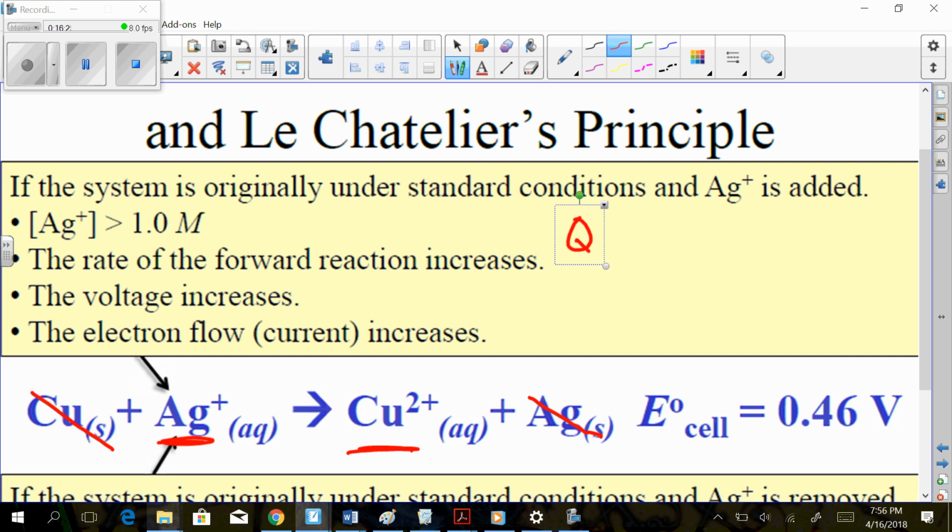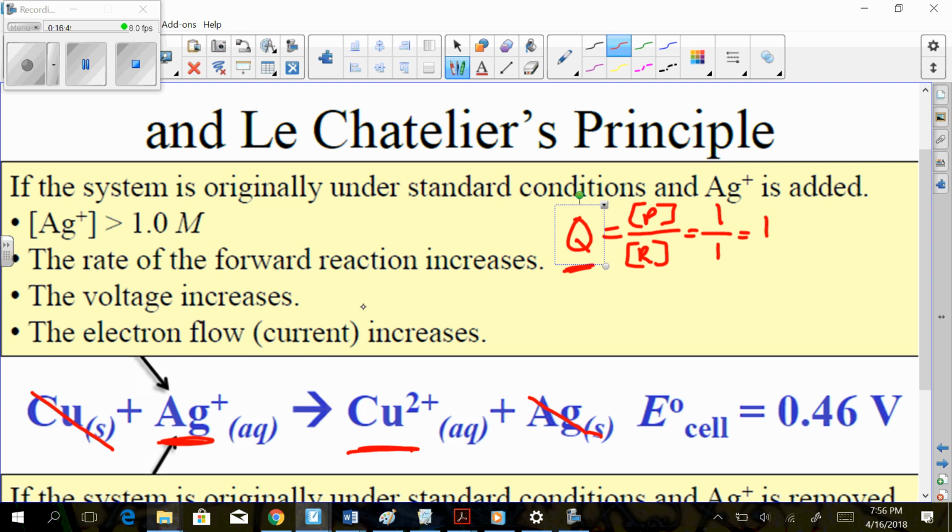And so if we look at the Q for a standard cell, it is going to be the concentration of the products over the concentration of the reactants. And if it's standard, that's going to be 1 over 1, or 1. So if it's not at standard conditions, we're comparing it to standard conditions where Q is 1.